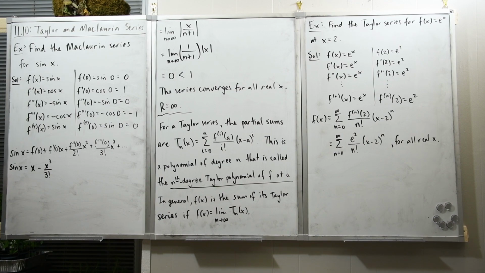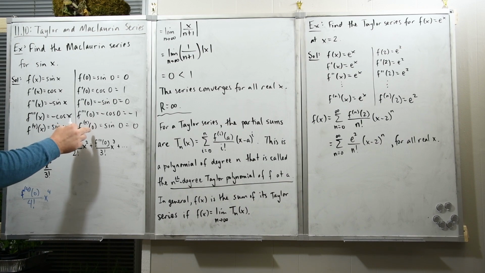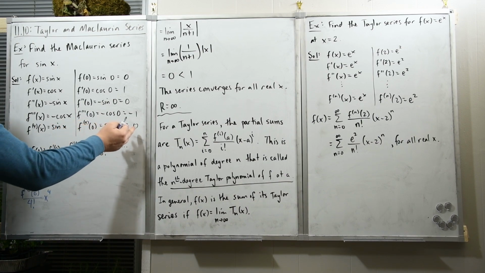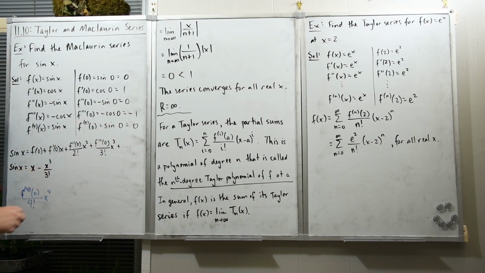Now, if we were to take a look at what would follow after the f triple prime of 0 over 3 factorial times x cubed, what you would have would be the fourth derivative of f at 0 over 4 factorial times x to the fourth. But we know the fourth derivative of f at 0 is equal to 0, so this wouldn't even show up.